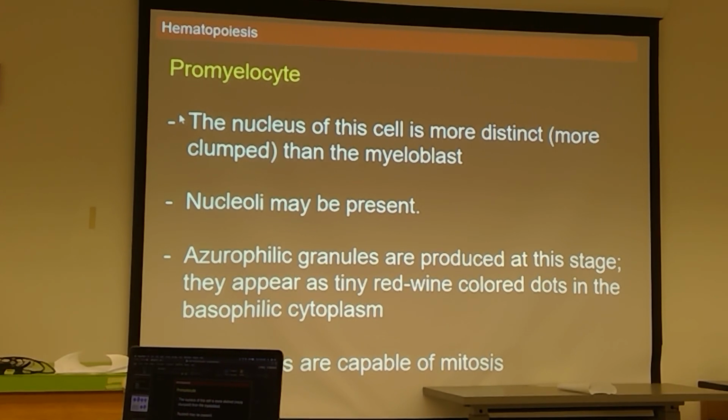You might see some nucleoli, but that's not really the thing I'd look for. I'd look for a nucleus that's eccentric and round. These cells, again called promyelocytes, are capable of mitosis, so they can divide and give rise to the different granulocytes.